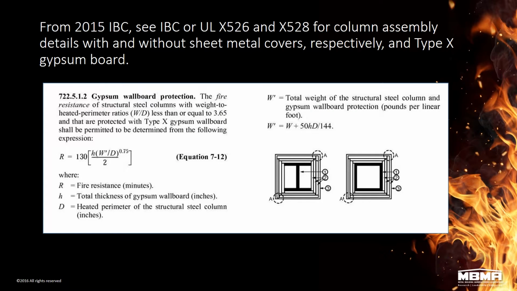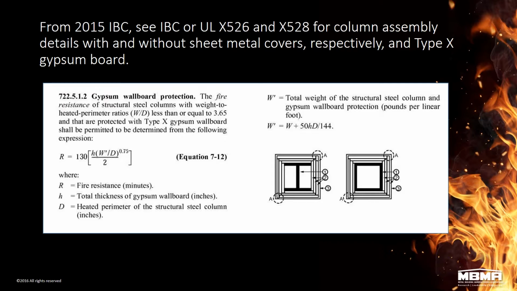Now let's look at a computational alternative, a very nice and powerful formula that can supplement just the prescriptive ratings given in the UL assemblies. This provision is in the International Building Code itself.